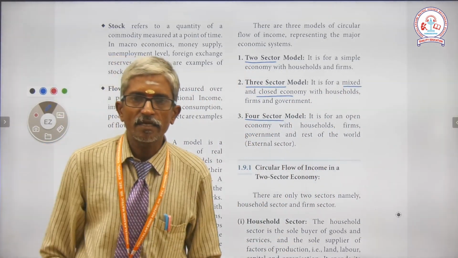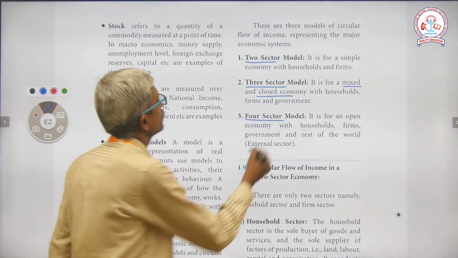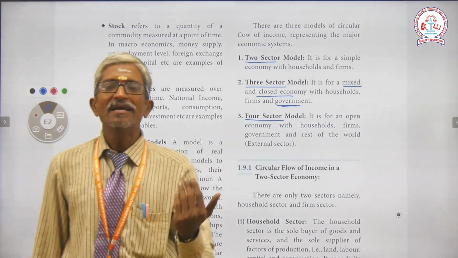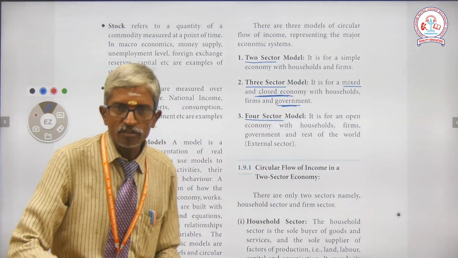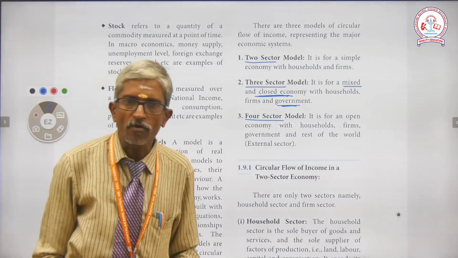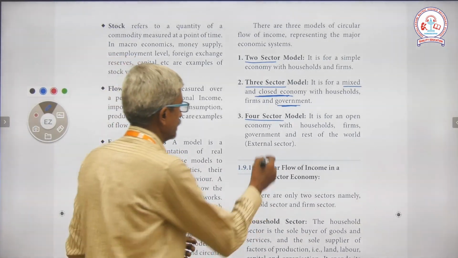Here, government enters, framing some rules and regulations. That is why it is also called mixed or closed. Why is it closed? Government makes a boundary. They fix one boundary, so they use the term closed.